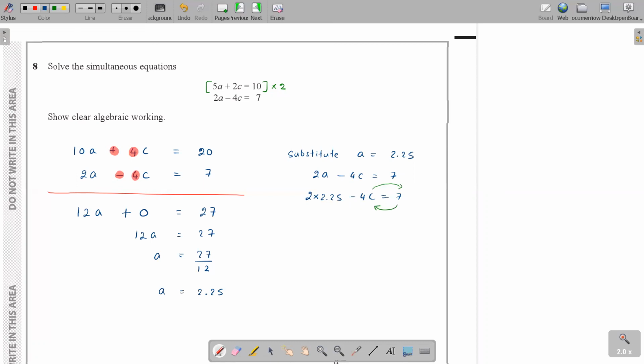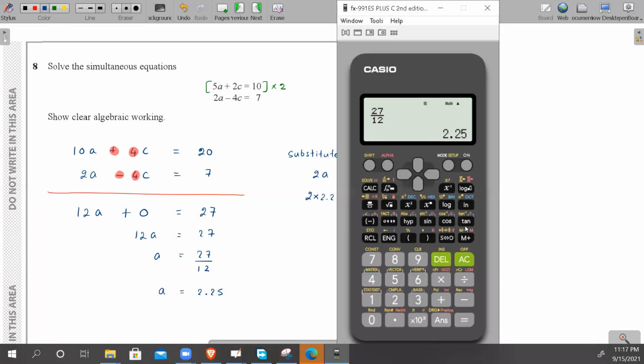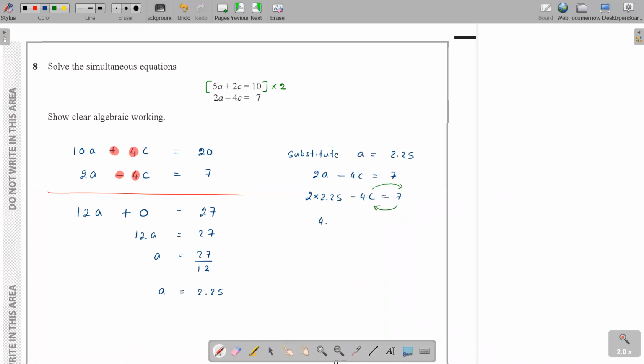So twice of 2.25, that gives me 4.5. The plus 7 comes as minus 7 equals 4C. So C equals 4.5 minus 7, you divide by 4. The 4 comes down as a division, isn't it?